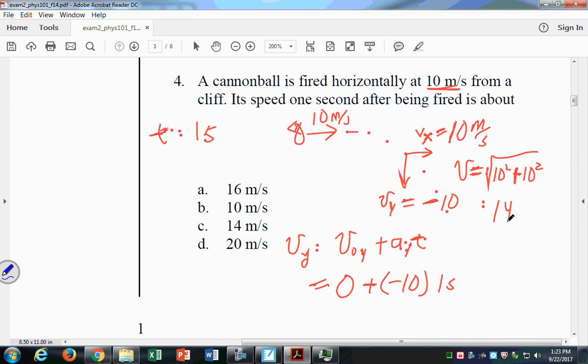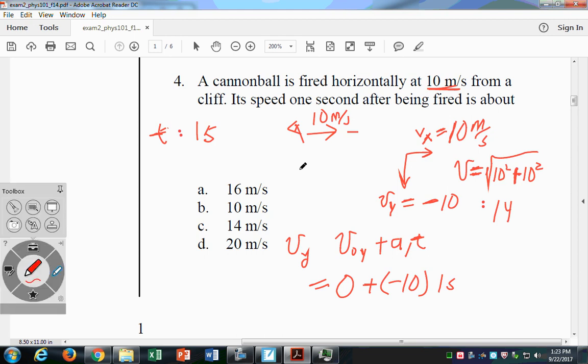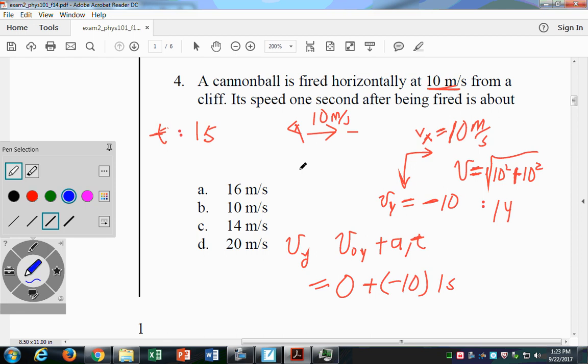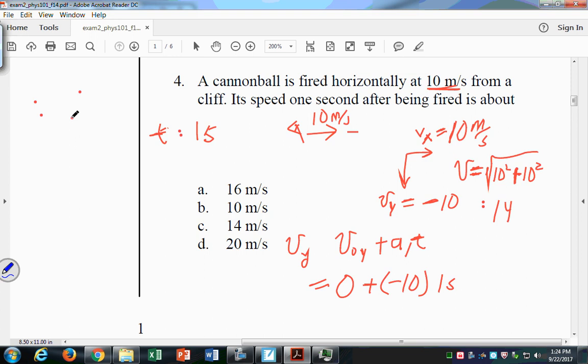If I were to draw my vectors, I have initially, let me draw it over here. Starts here and it goes like that.